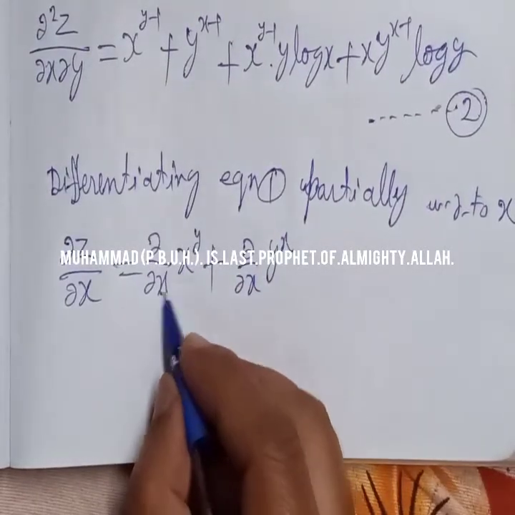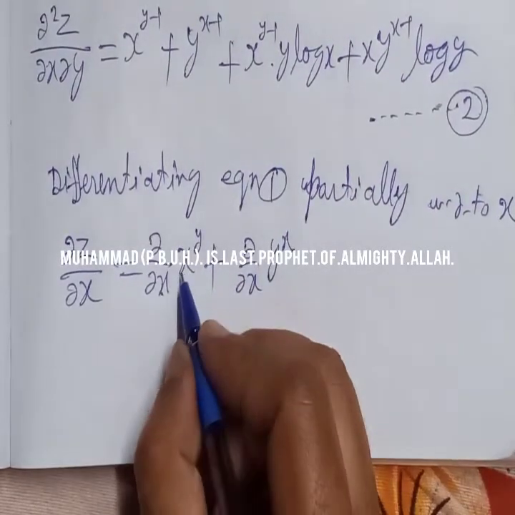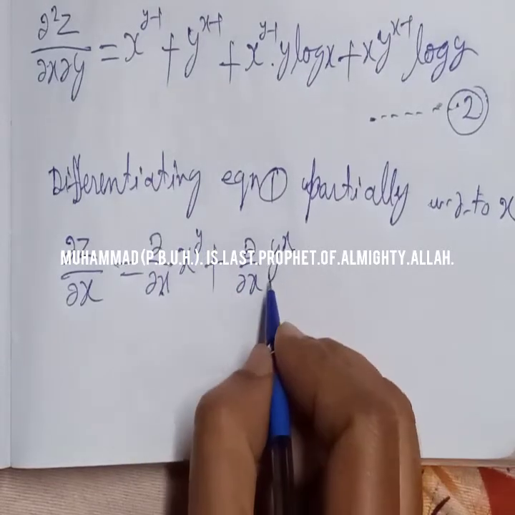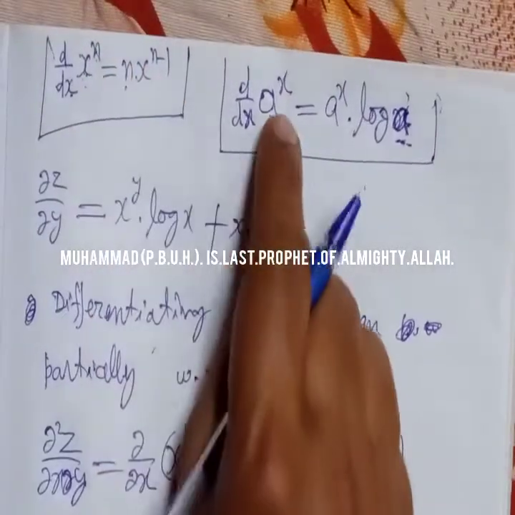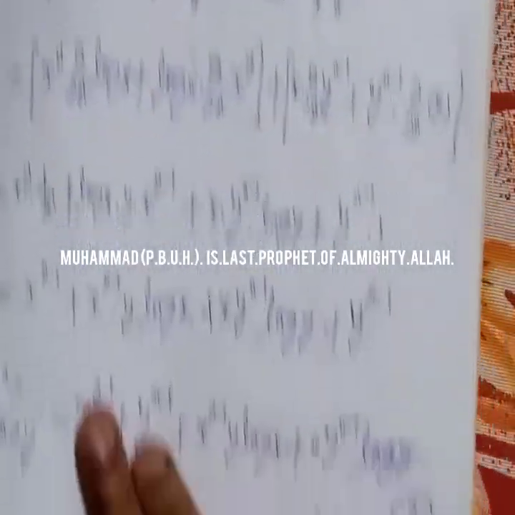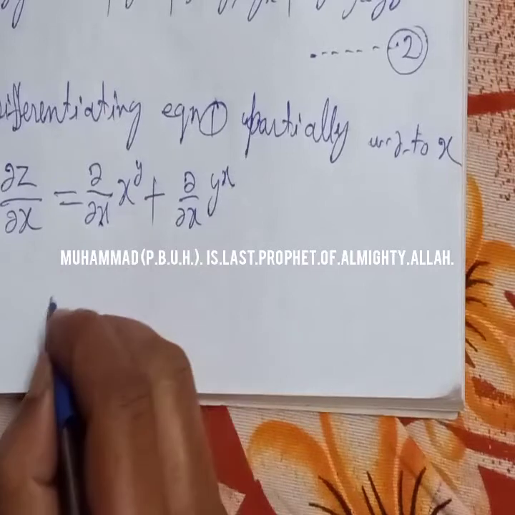Here x is variable, so variable to the power constant and constant to the power variable. Only these two formulas will be used in the whole solution of the question.